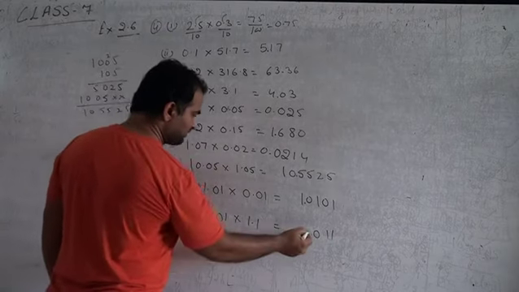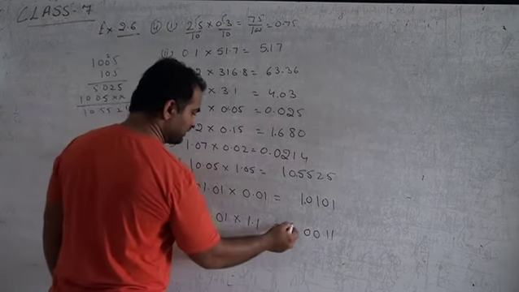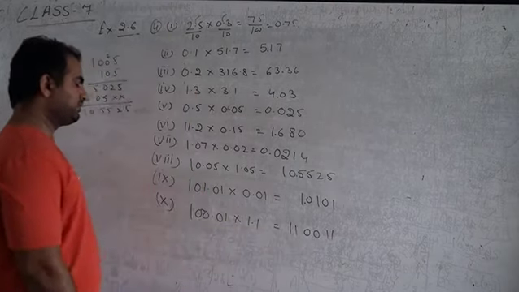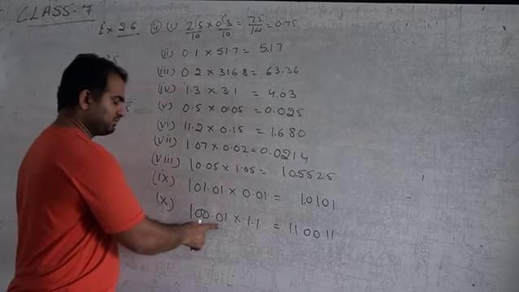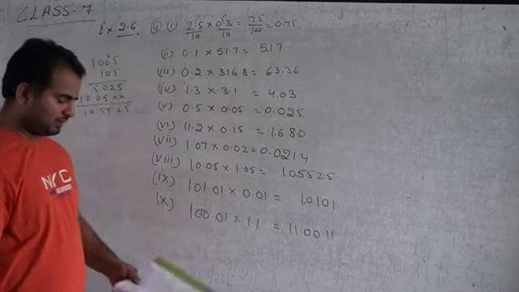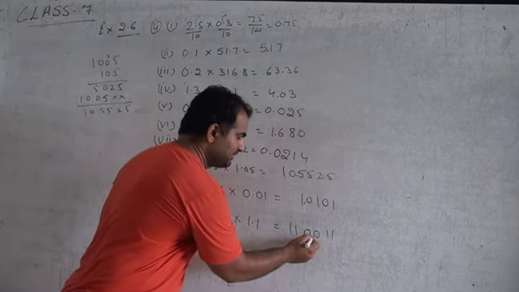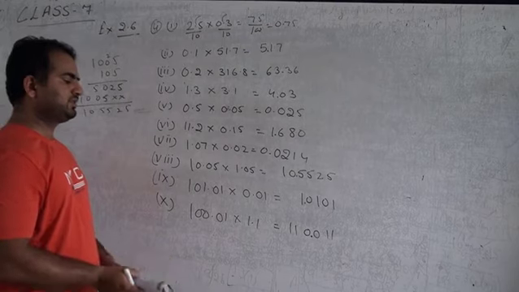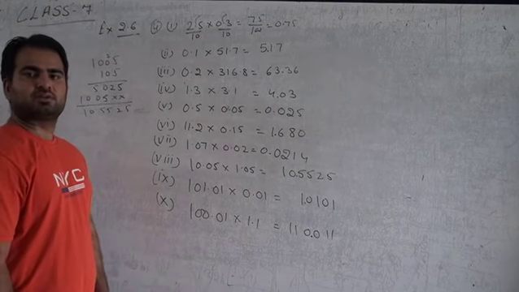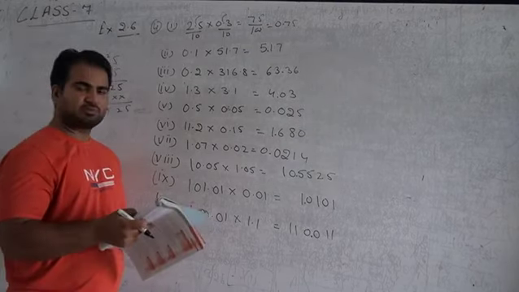Again 11 zeros are 0. Again 11 ones are 11. What we have to do is place the decimal. So 2 and 1, that is 3. We have to place the decimal after 3 digits. The answer will be 110.011. Okay. So this is your exercise number 2.6.